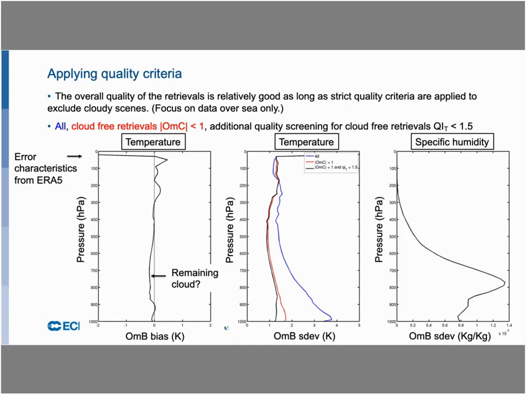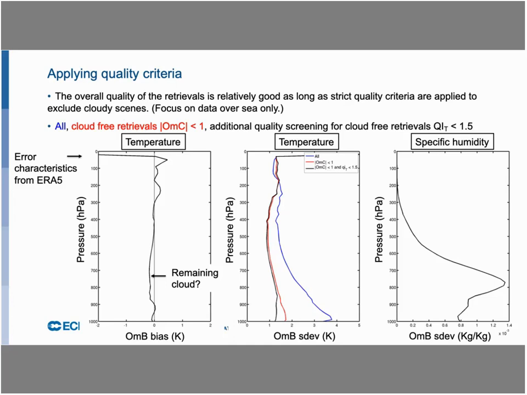And the resulting O-P standard deviation is relatively low. So if you compare this to similar statistics calculated for radiosonde observations, the random errors are in magnitude roughly similar or slightly larger for the retrievals than for radiosonde. So that is indicating that the quality of the retrievals is relatively good when you apply strict quality criteria for the data.